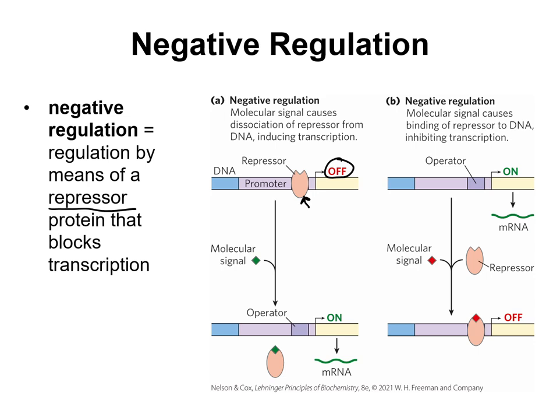However, a molecular signal comes along, and that's this green diamond, and it binds to the repressor, and that causes the repressor to change its shape and it suddenly doesn't want to bind the promoter region anymore. Now, that repressor is gone, and the RNA polymerase can bind, and it can create that messenger RNA transcript. So that's one example of negative regulation.